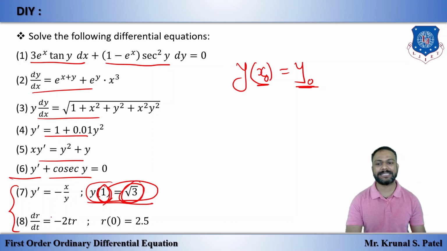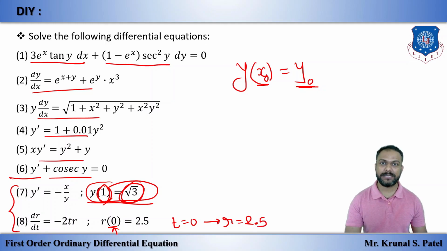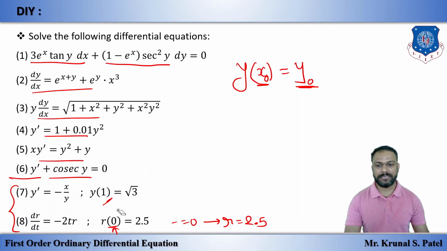And in the last example we have two variables, r and t, where this is our t. So when t is equal to 0, r is equal to 2.5. We will use this value after getting the general solution. So we have 8 simple examples that you just have to try.